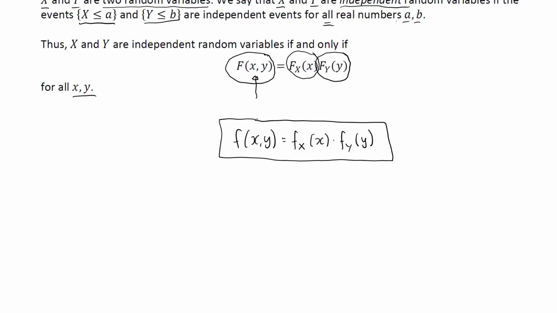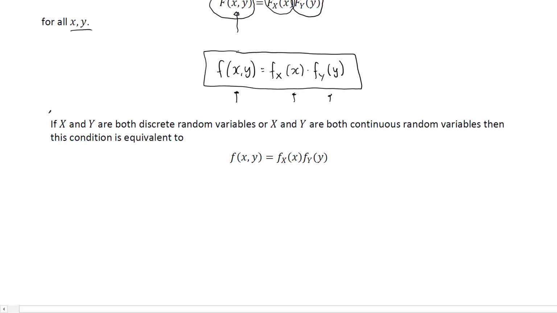This result will hold even if both random variables are discrete random variables. But in that case, obviously, this would be the joint probability mass function, and that needs to be a product of the marginal probability mass functions. So let's summarize what we just said.